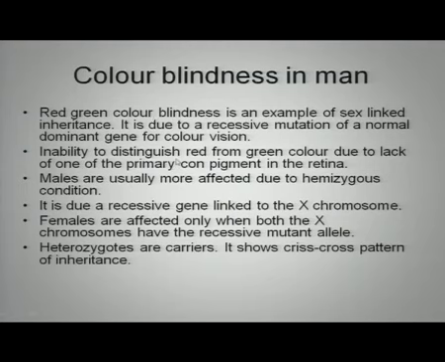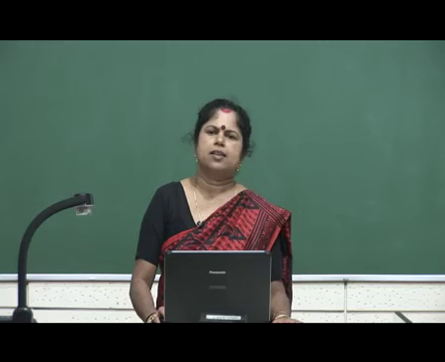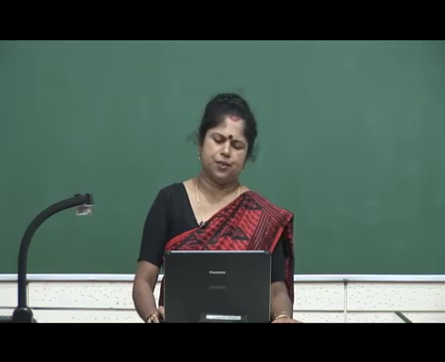Here it is the inability to distinguish red color from green color. It is due to the lack of one primary cone pigment present in the retina. Retina contains rod cells and cone cells meant for vision, cone cells meant for color vision and rod cells meant for dark and light vision or black and white vision.